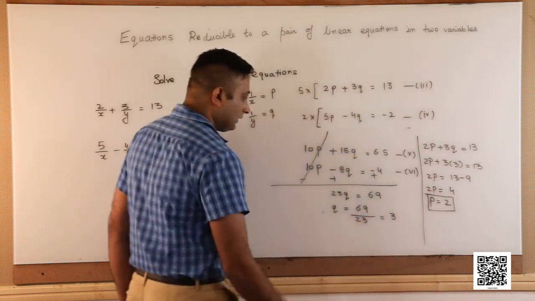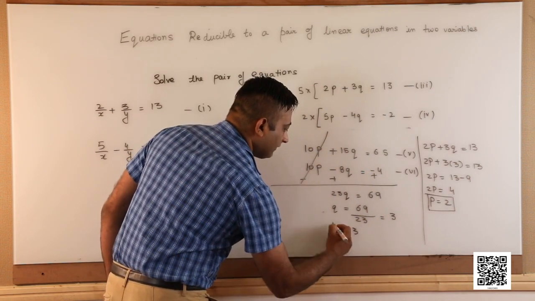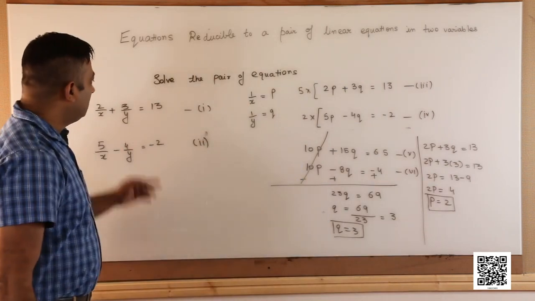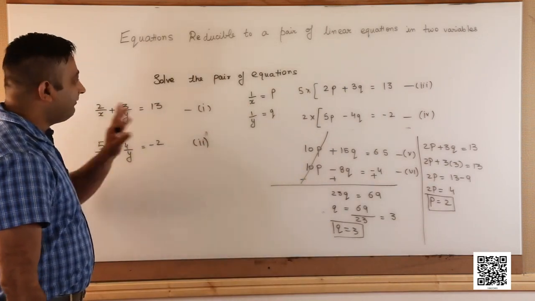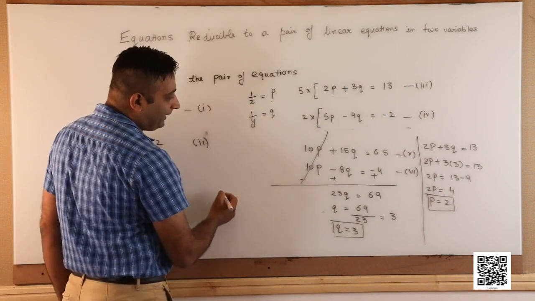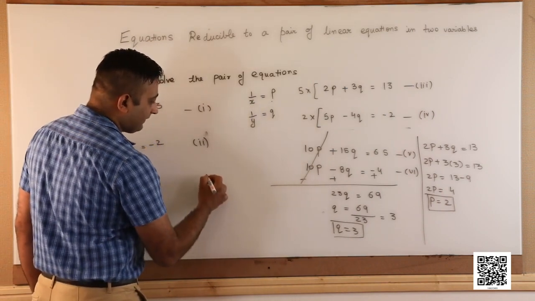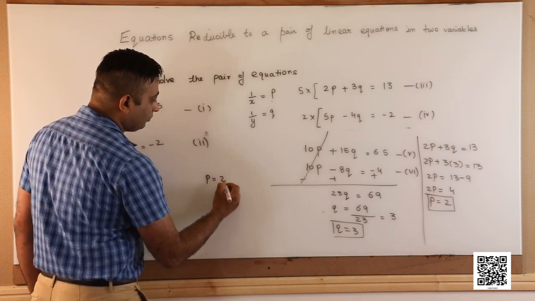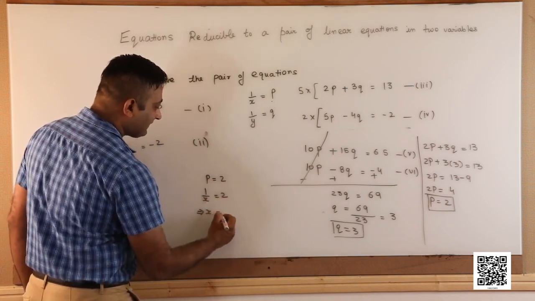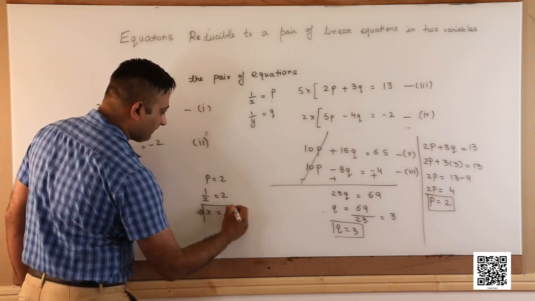Now, the value of q is 3 and the value of p is 2. But we have to find the value of x and the value of y. We substituted 1 by x equal to p. Now we can compare this. That is p is equal to 2. That means 1 by x is equal to 2. This implies x is equal to 1 by 2.